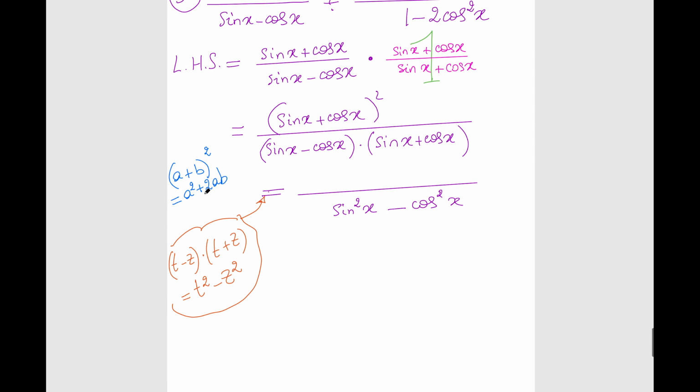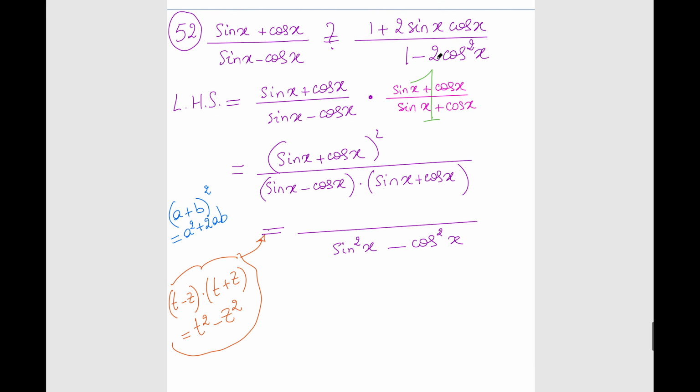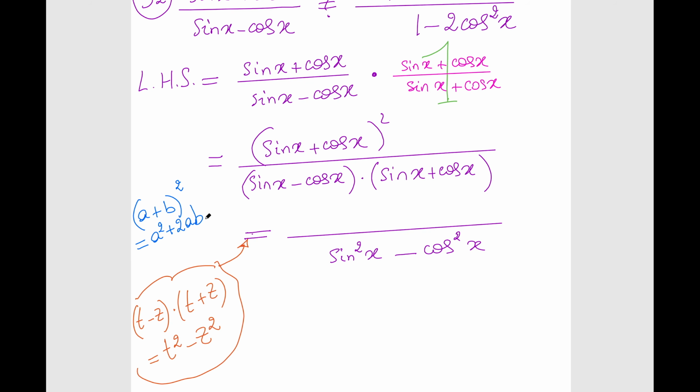Because look, this 2ab, if a is going to be sine x and b is going to be cosine x, do you see this? 2ab, it's right there. So that's why it was inviting to have a square of sine x plus cosine x upstairs, right? Okay, plus b squared. So I'm going to use this for the numerator. And as we said, sine x is going to be the a, and cosine x is going to be the b.